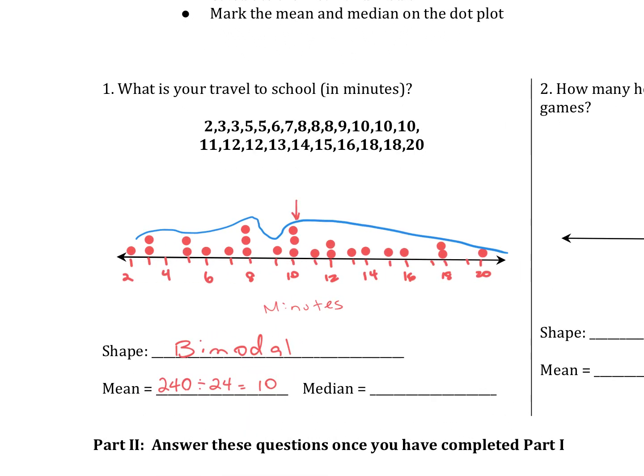So I'm going to mark that right here, mean. And then my median, I'm just going to cross off my numbers until I reach the middle. Remember, when you're crossing off, always start on the outside and work your way to the middle. So I can see here's my median. So that is also 10. So we can put mean and median.